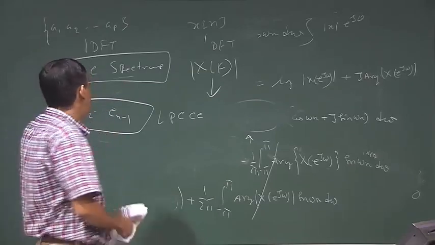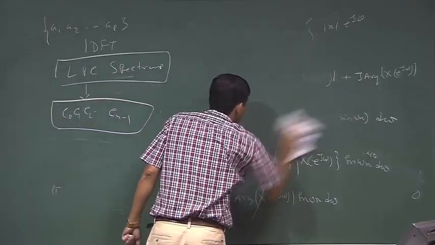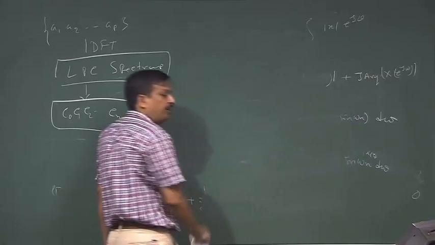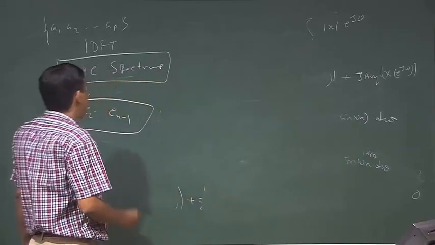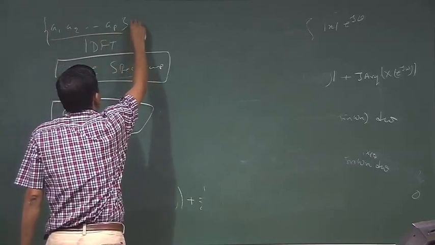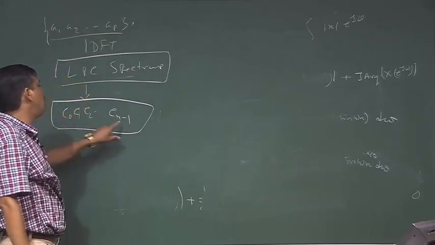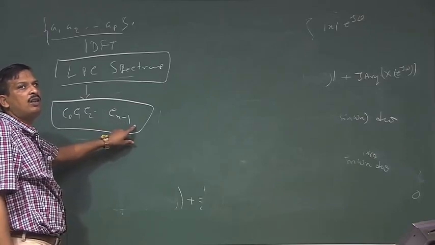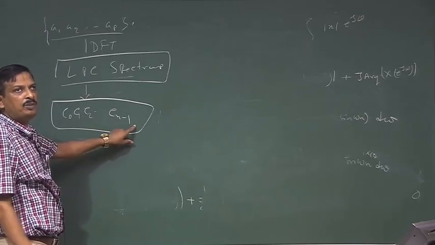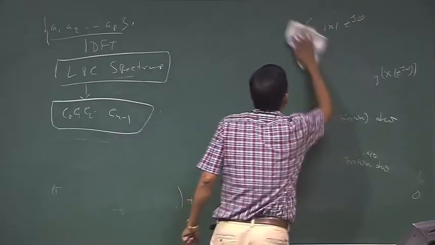Okay. So if it is the LPC cepstral coefficient, how do you calculate it? It is done using these three equations, which are given in the slides, and I am writing them. So if A1 to AP are the LPC coefficients and I want to find the values of C0 to Cn minus 1, the real cepstral coefficients, how do I do that?